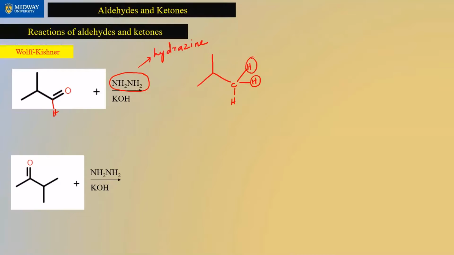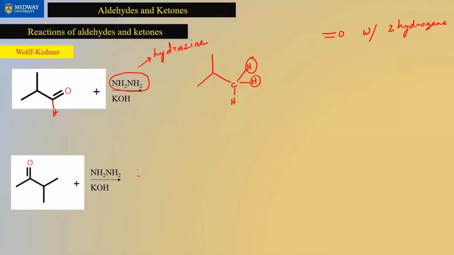Basically you are going from a C double bond O to a CH3 for an aldehyde. With a ketone, all you're going to do is replace the double bond O with 2 hydrogens. You're always replacing the double bond O with 2 individual hydrogens.